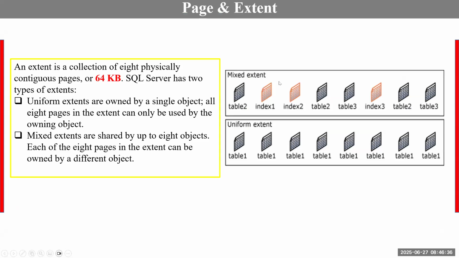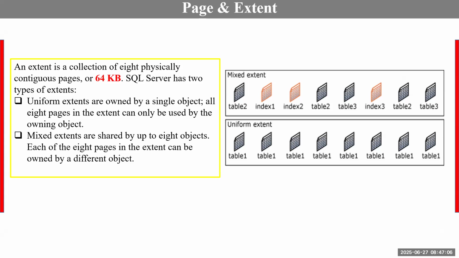If 8 pages contain single object data, we call it a uniform extent. If 8 pages contain different object data, we call it a mixed extent. An extent is a collection of 8 physical consecutive continuous data pages, and each extent size is 64 kilobytes.